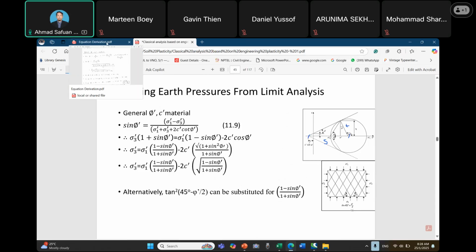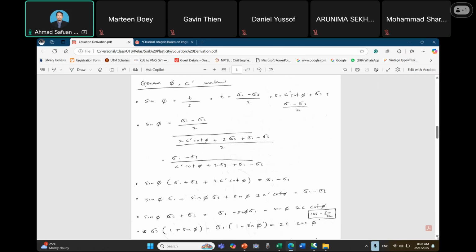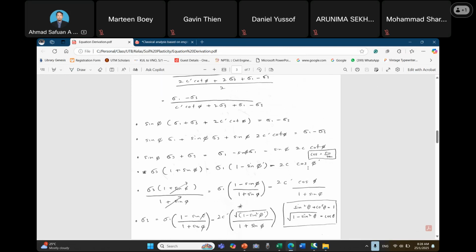Then to get sigma 3, we do some rearrangements, where some terms need to move to the right and remain on the left, and move to the left and remain on the right. So this is how the derivation works.